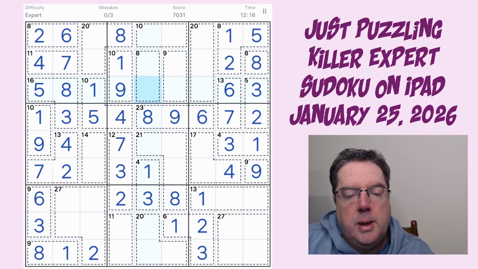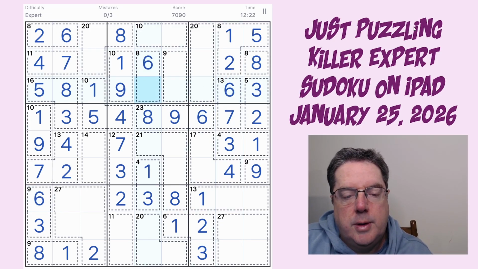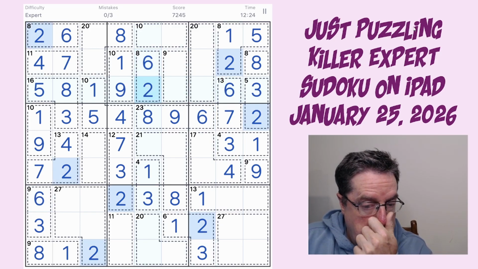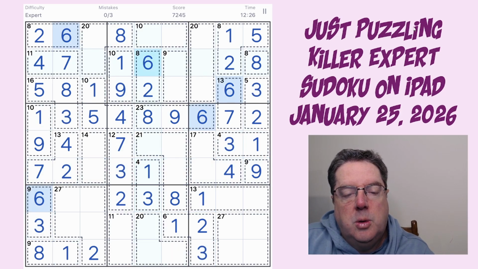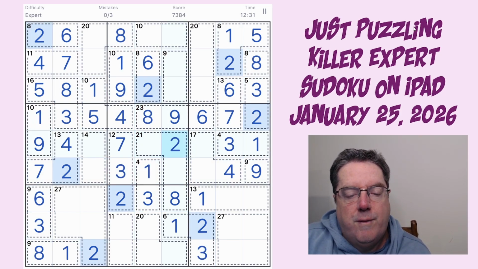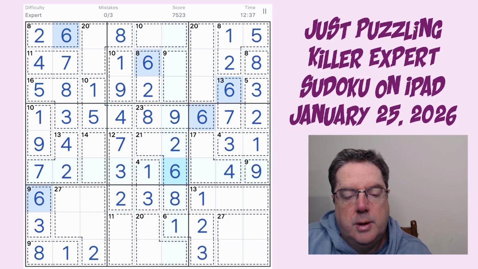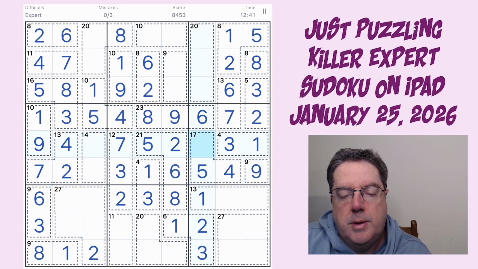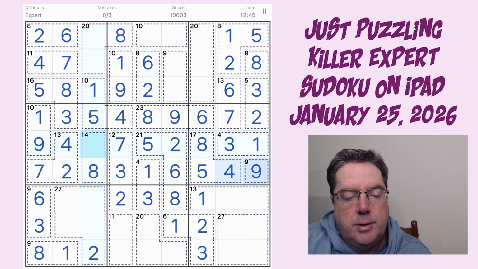So this could be, can't be 1 and 7, can't be 3 and 5, so it's 2 and 6. 6 can't be there, so this is a 6, leaving this to be a 2. 2 comes across here, 2 comes down here, so that's a 2 there. 1, 2, 3, 4, 5 and 6. 6 can't be here, so this is a 6, leaving this to be a 5. 5 comes across here, so this is a 5, leaving this to be an 8. 8 comes across here, so this is an 8, leaving this to be a 6.